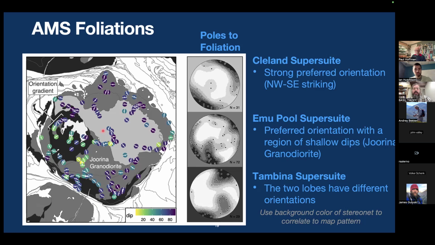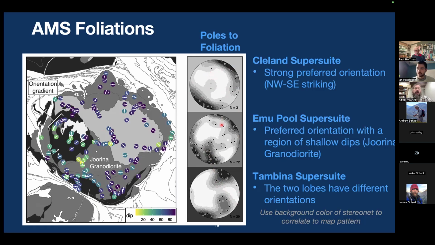What's plotted is the poles to foliation rather than the foliation. We get a generally good pattern. It's easiest in the youngest rocks, where we see it's clearly northwest-southeast striking, with a clear orientation.